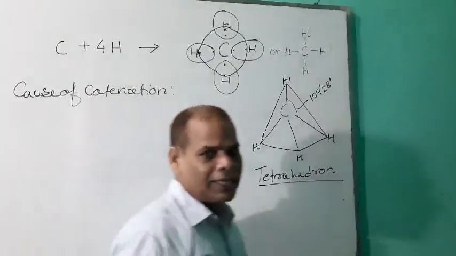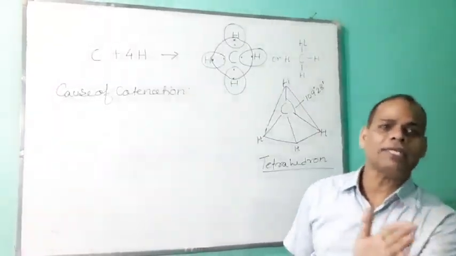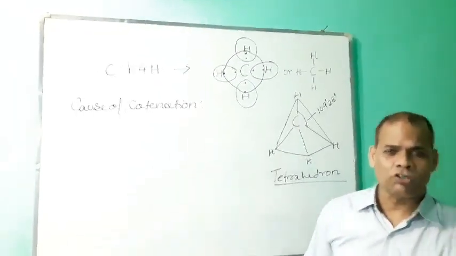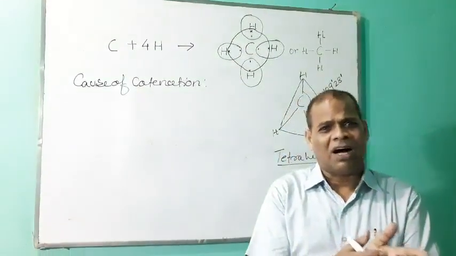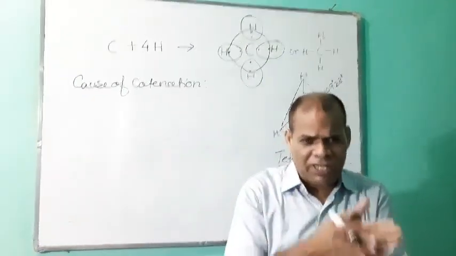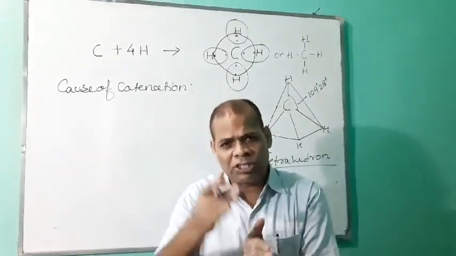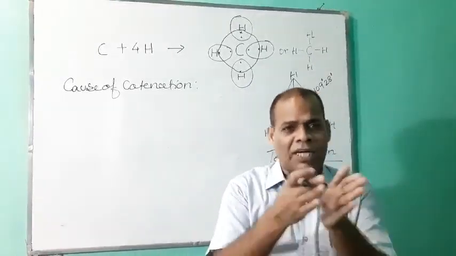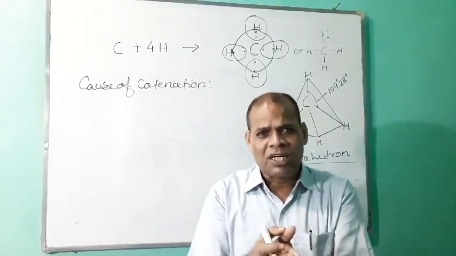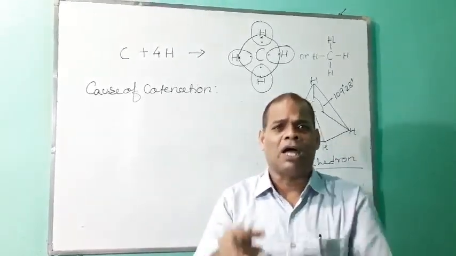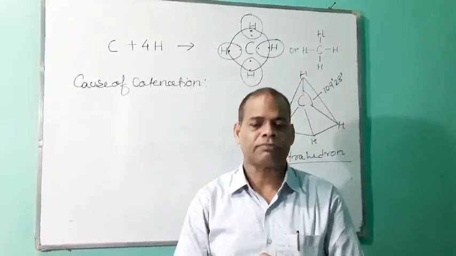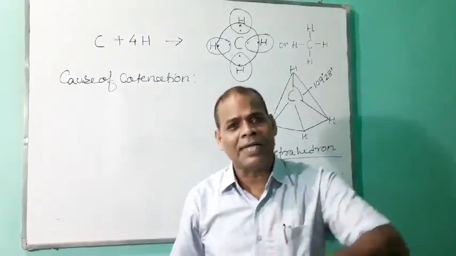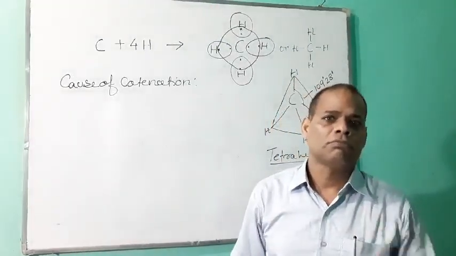As I said, catenation is self-linkage capacity, the property of a carbon atom due to which it combines with other carbon atoms and forms a long chain. As I said, carbon has the highest catenation in the periodic table.